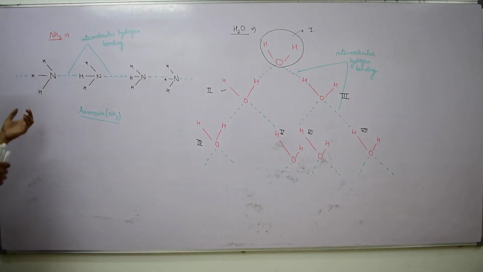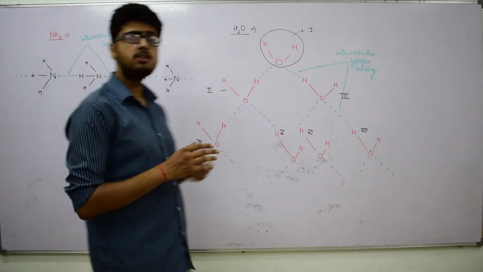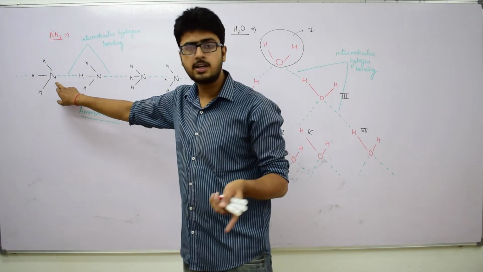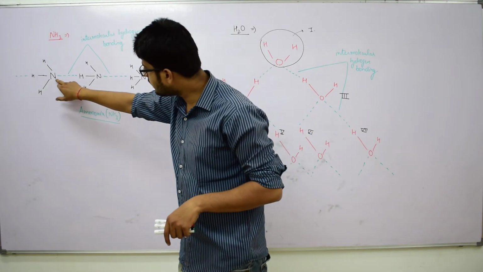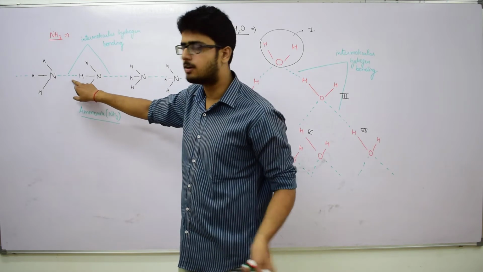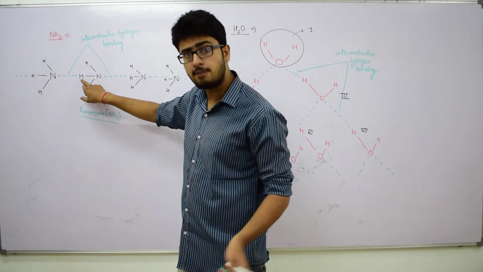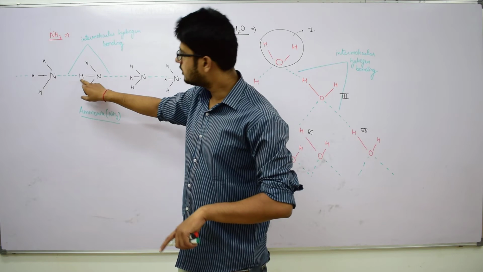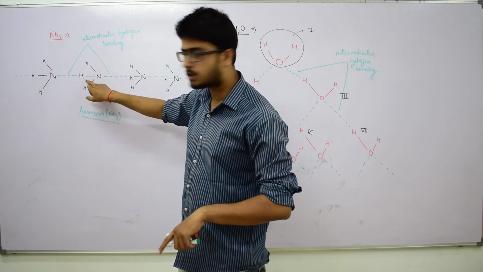So the next example was ammonia. In case of ammonia, the more electronegative nitrogen atom will be linked through intermolecular hydrogen bonding to the hydrogen of the next ammonia molecule.